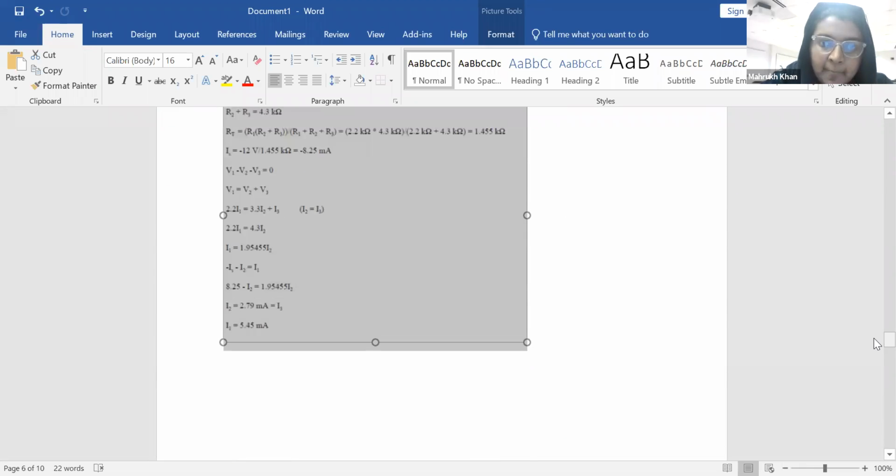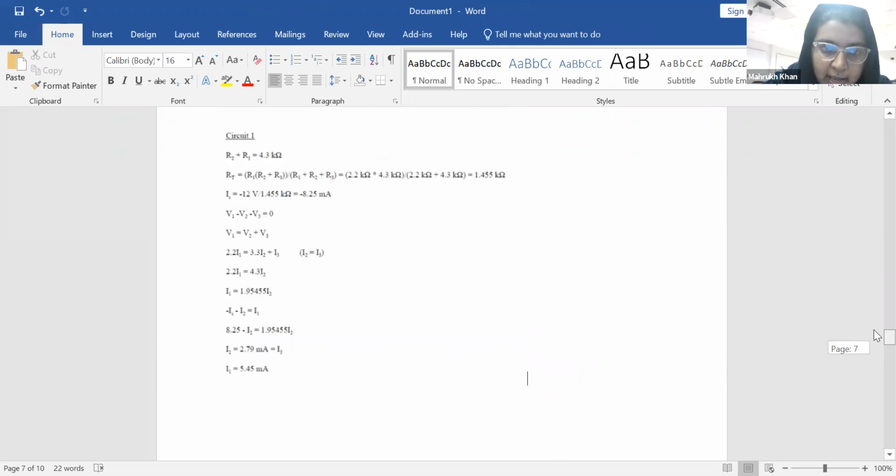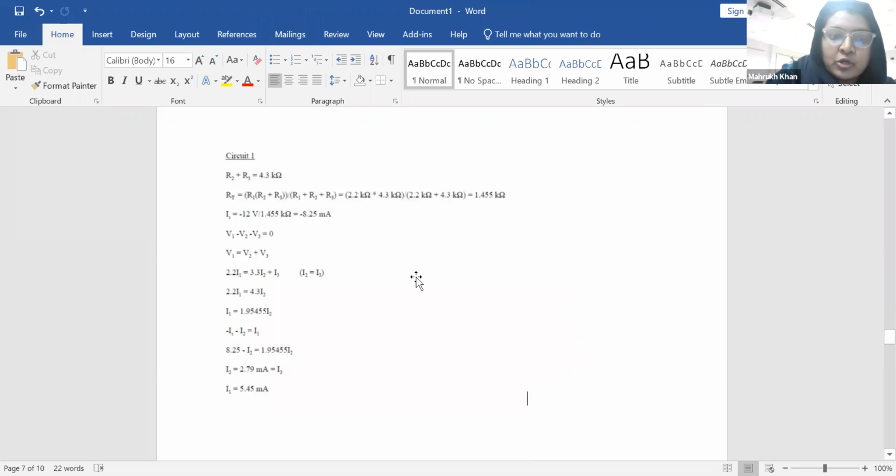So this was a way of showing your calculation, which was very good. You can use any method. It may not be too tedious, it could be easy, but show your calculations, how you get your I's and R's and V's.